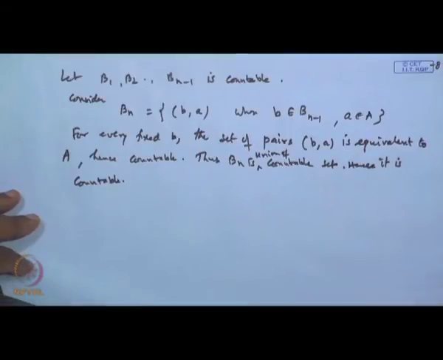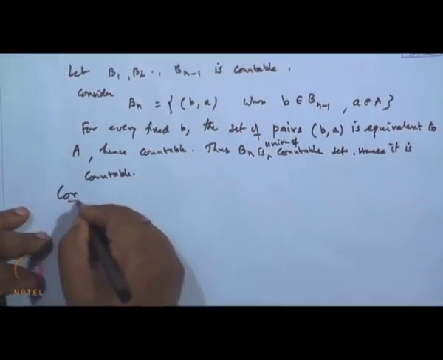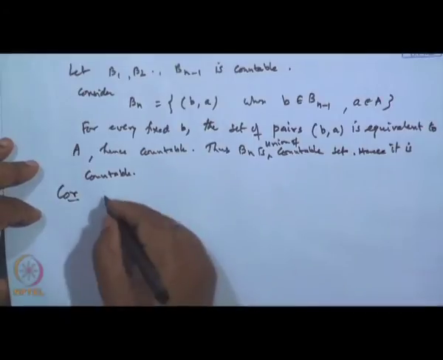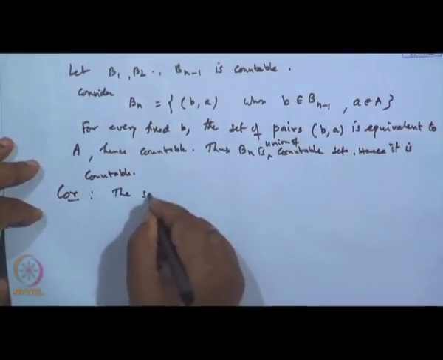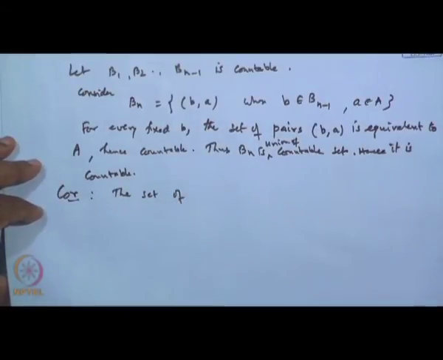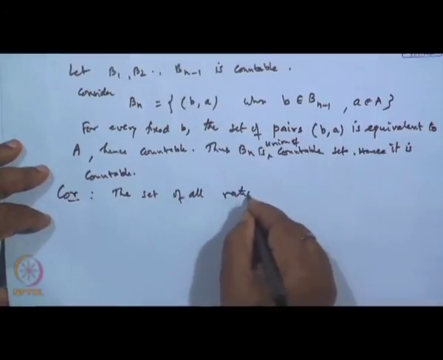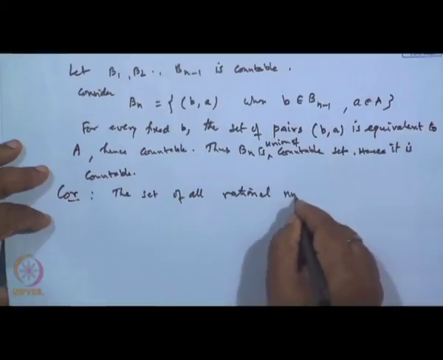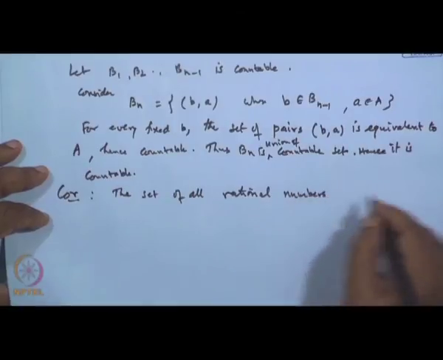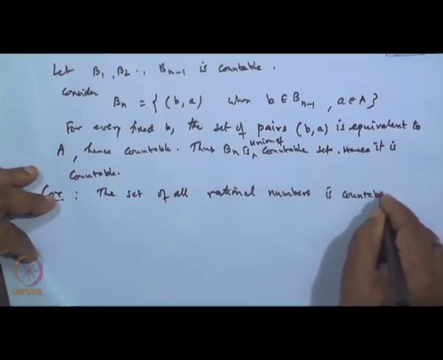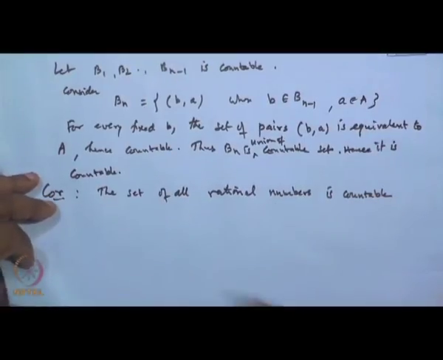Now, as a particular case, when you fix n as 2, we get the very important result that the set of all rational numbers is countable. Why? What is a rational number?